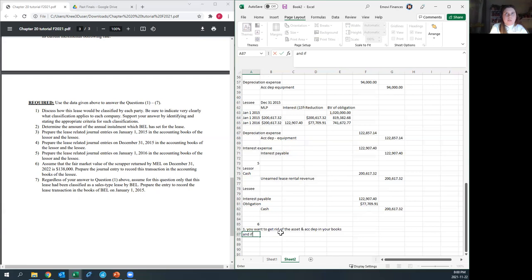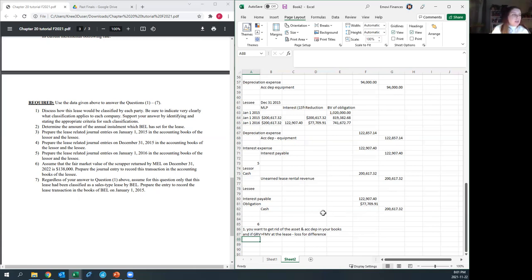And if your guaranteed residual value is bigger than the fair market value at the end of the lease, then that creates a loss for the difference. Same thing, if your guaranteed residual value is smaller than your fair market value, then it's going to be a gain.